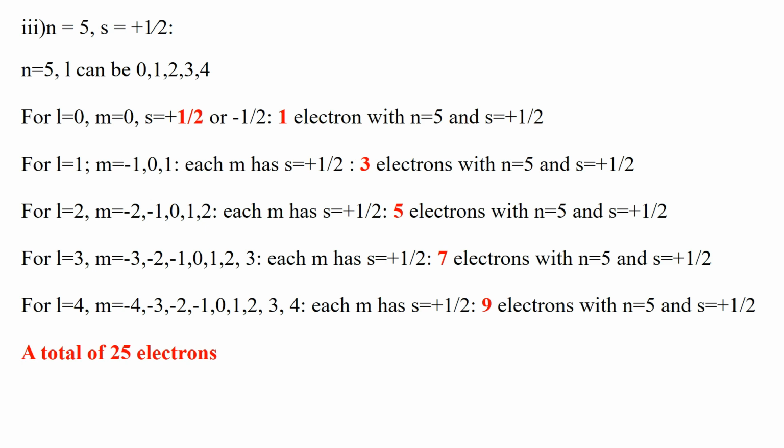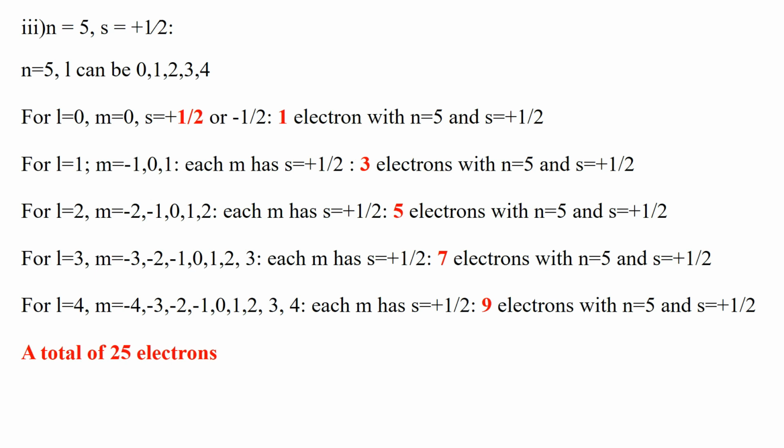So meaning that 1 electron will be having plus 1 over 2 in each value of M. So you have 3 electrons with N is equal to 5 and S is equal to plus 1 over 2 for L is equal to 1. For L is equal to 2, we will be having 5 electrons. For L is equal to 3, we will be having 7 electrons. For L is equal to 4, we will be having 9 electrons. So when you add them, we will be having a total of 25 electrons.